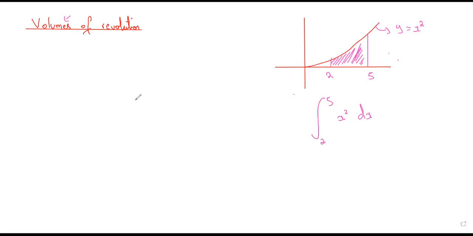So the idea behind this section is that if you have this shaded region and you rotate it through an angle of 360 degrees, what exactly are you going to get then? I'll try making that now.